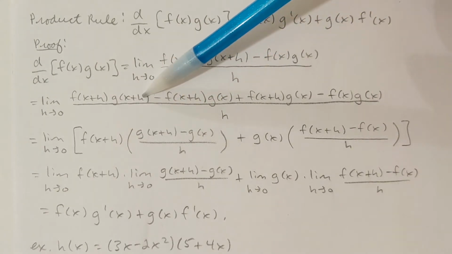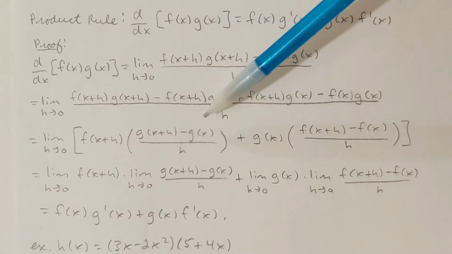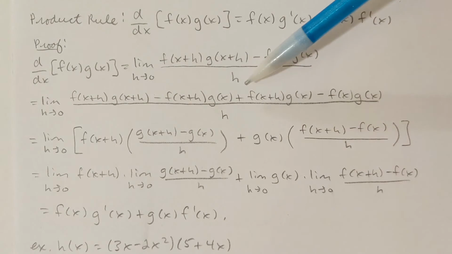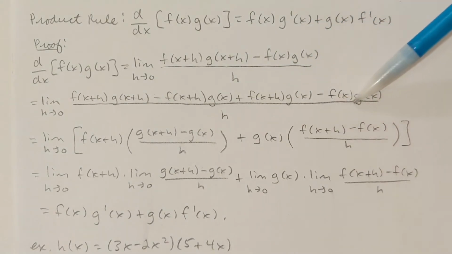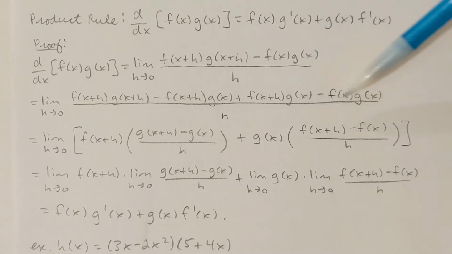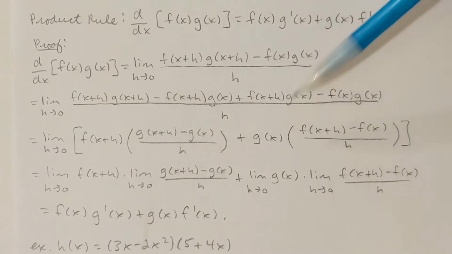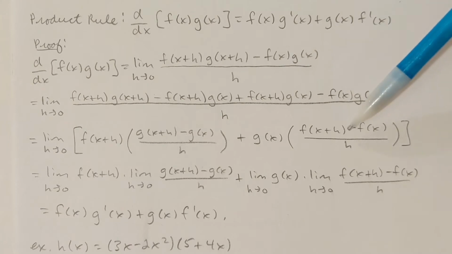The leftover then on that first fraction would be g of x plus h minus g of x all over h. Plus, okay, now in this other fraction, g of x is in common to these two terms. Let's go ahead and factor that out. And the leftover on this second fraction here would be f of x plus h minus f of x all over h.